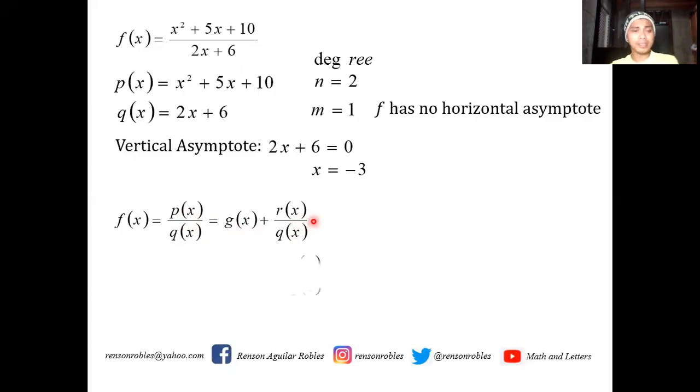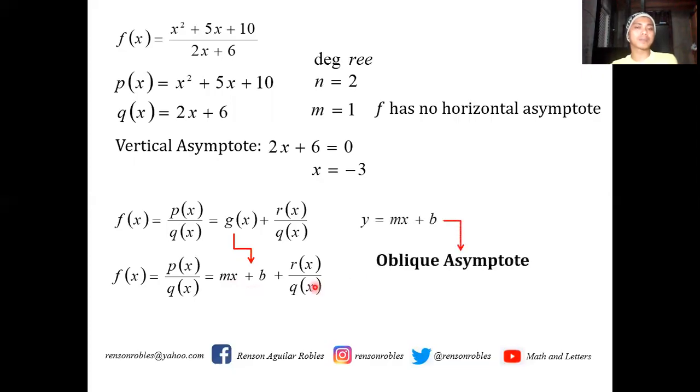Okay? And if this g of x can be written in the form mx plus b, then the line y equals mx plus b is an oblique asymptote. So you now have vertical asymptote, oblique asymptote, and horizontal asymptote.